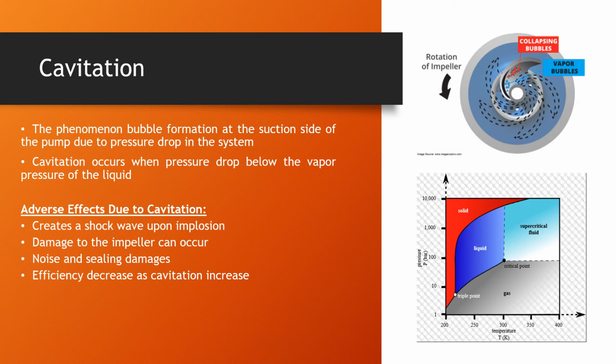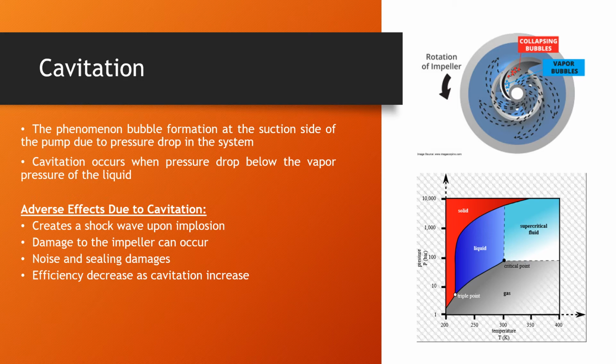There are some very adverse effects of cavitation. The impeller is rotating at a very high speed. So when those bubbles go into the impeller due to cavitation, they start hitting the impeller, making a lot of noise, and a lot of vibration is imparted to the impeller.